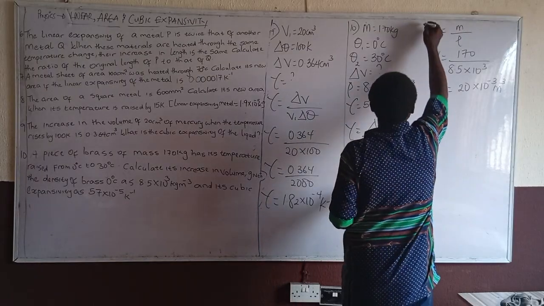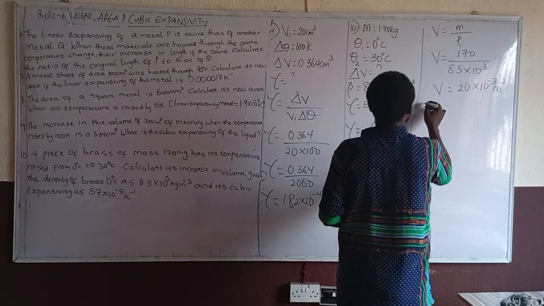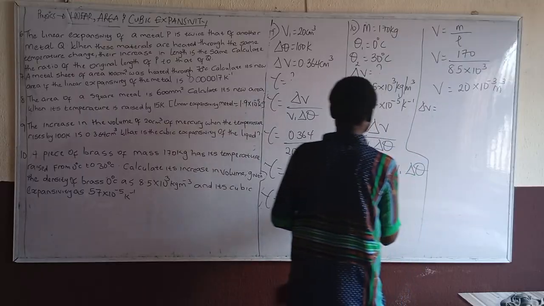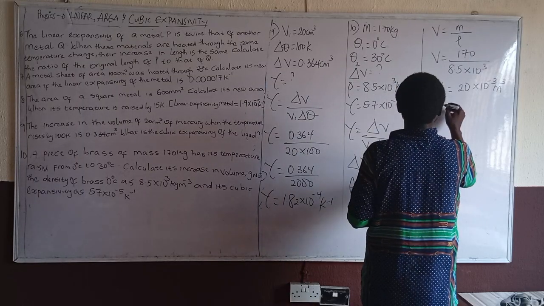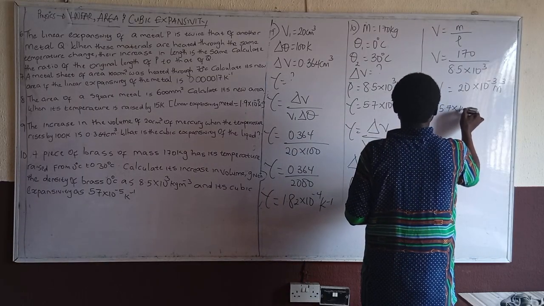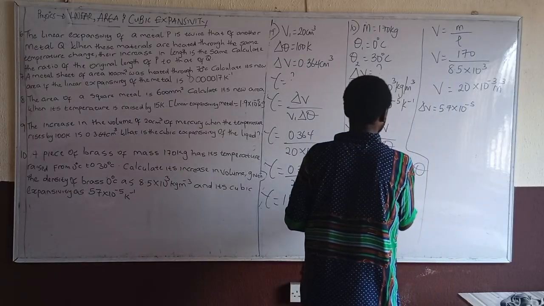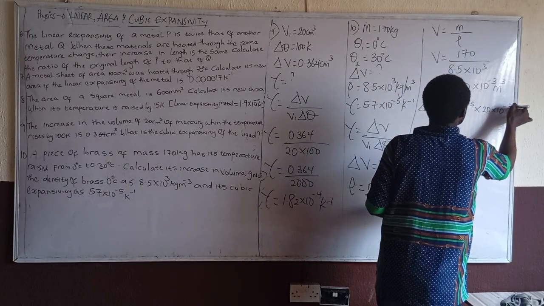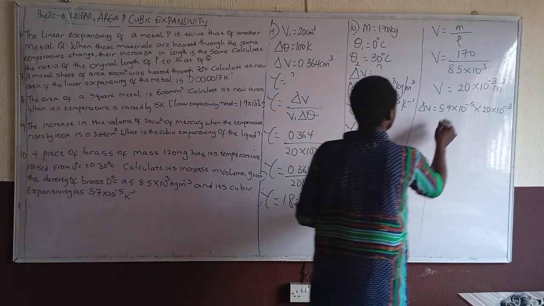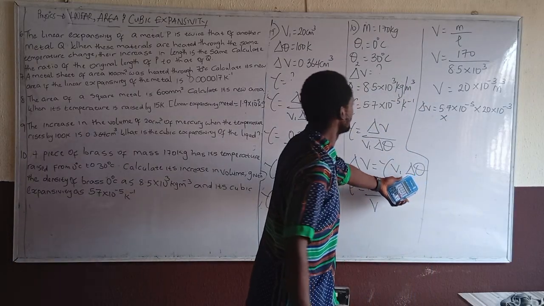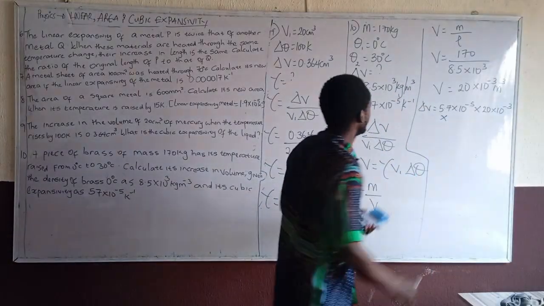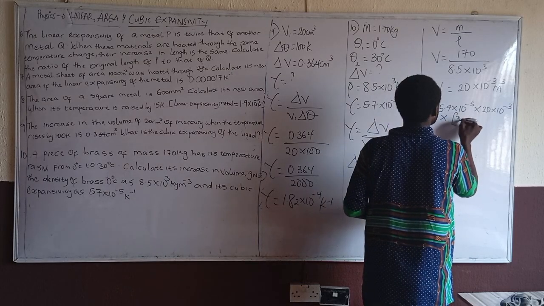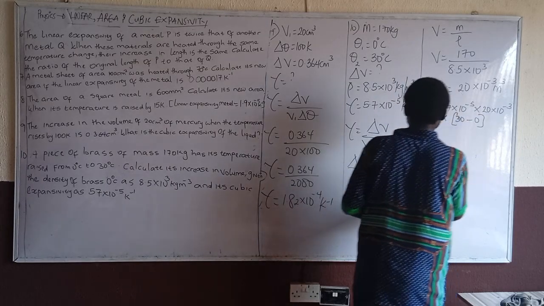So delta V, change in volume, becomes gamma, 5.7 times 10 raised to power minus 5, times 20 times 10 raised to power minus 3, then multiply by the change in temperature. That is 30 minus 0.